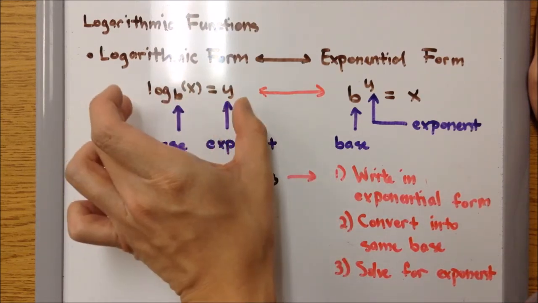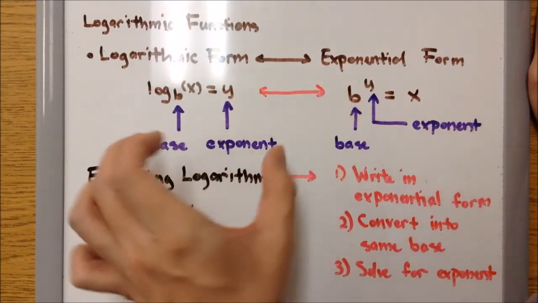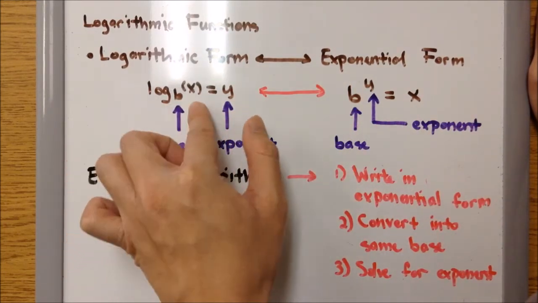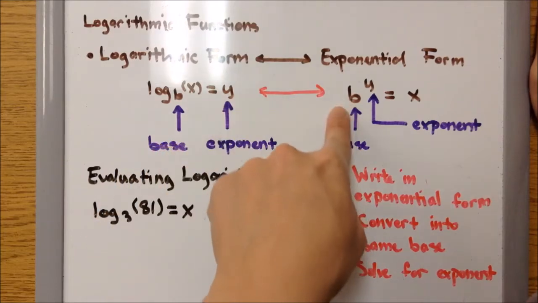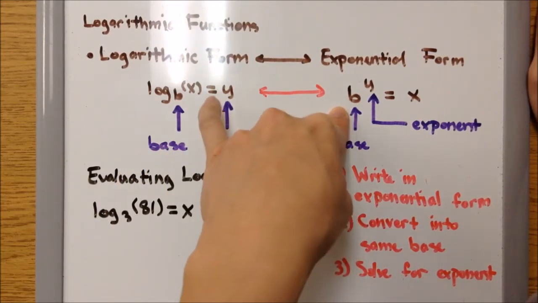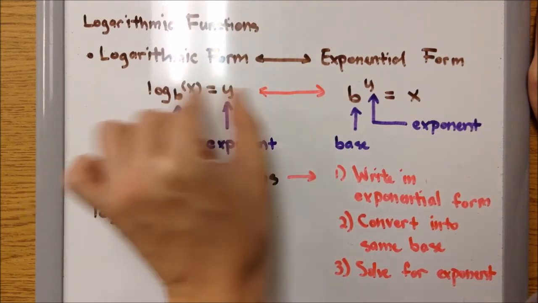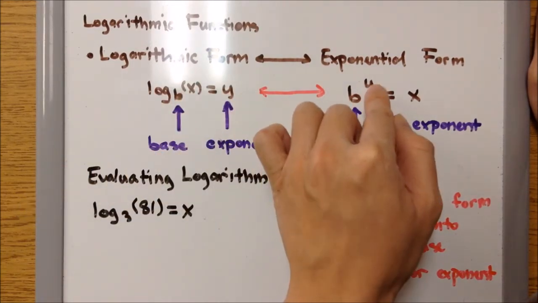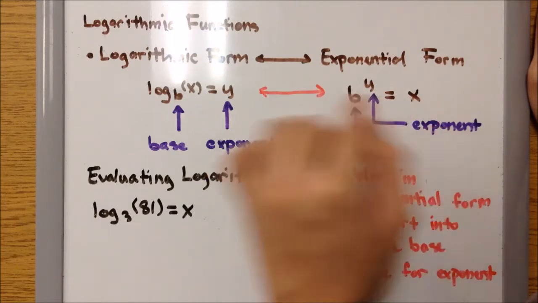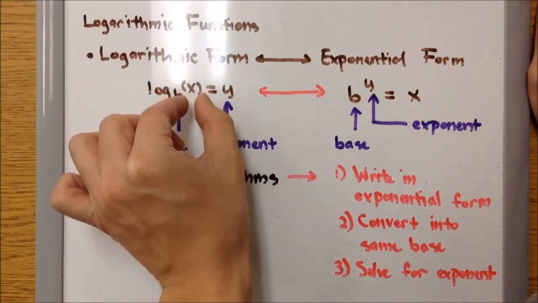Now, to convert from log form to exponential form, you rewrite it where whatever base you have, you write it as the base, and then you raise it to the exponent that it is equal to. So whatever the log equals, that's your exponent, you raise the base to that exponent, and then set it equal to what is next to your log.